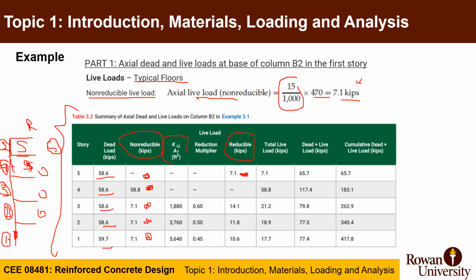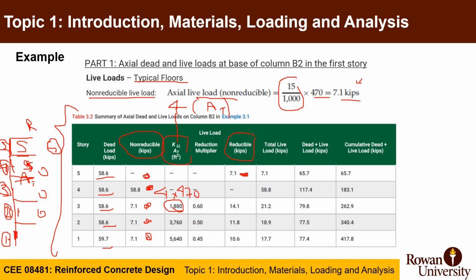Here are the KLL AT. You know, KLL is 4. AT is based on where you are in the floor. If you are in column 3, you only carry 1, so your AT will be 1 AT, which is here. You can see it's 4 times 1 AT, 470.